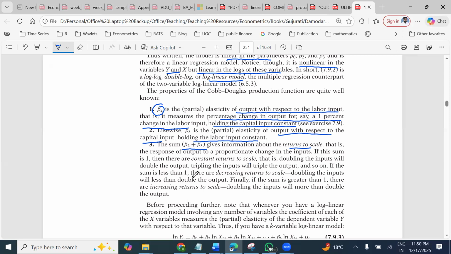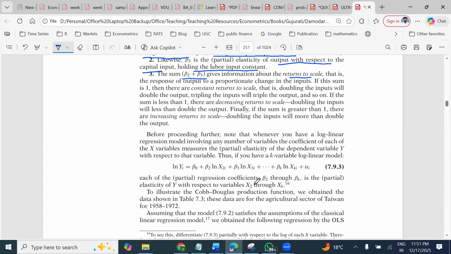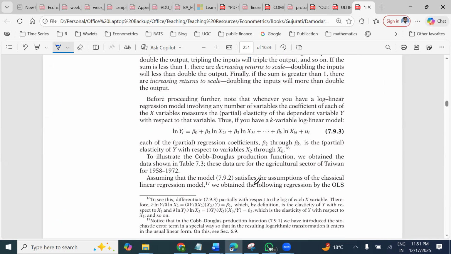And if the sum is less than 1, then there is decreasing returns to scale. So doubling the inputs will less than double the output. Finally, if the sum is greater than 1, there is increasing returns to scale. So doubling the inputs will more than double the output. Clear?